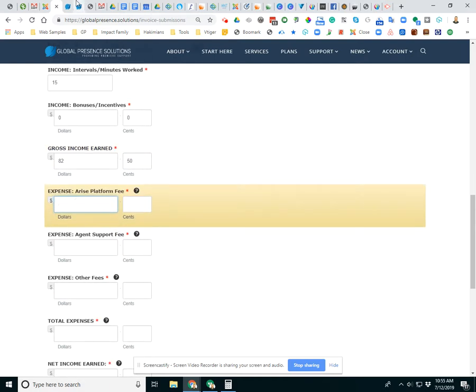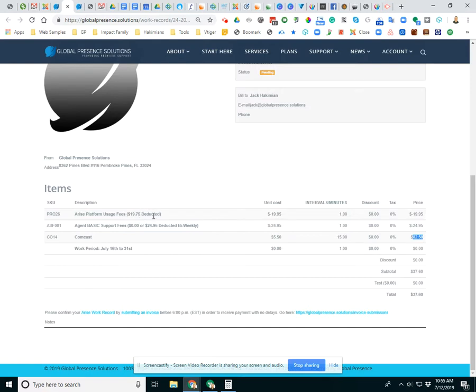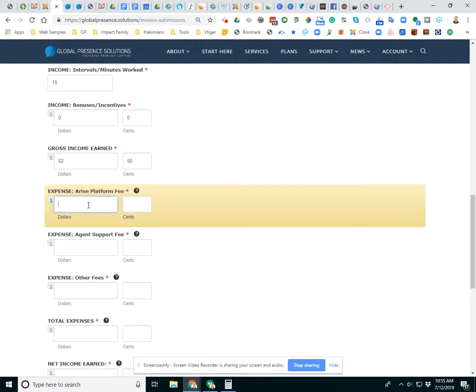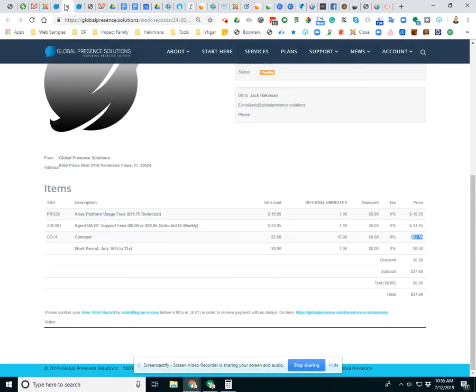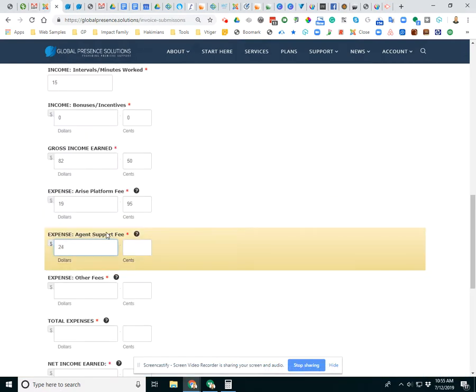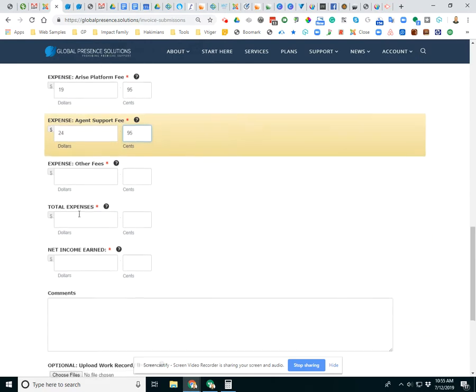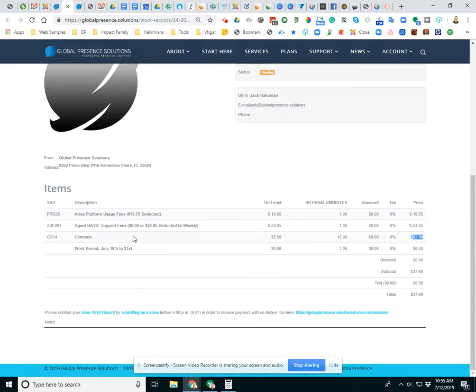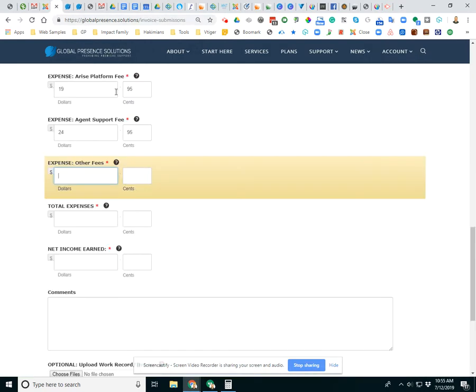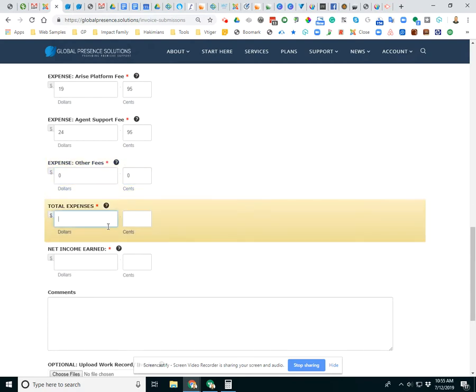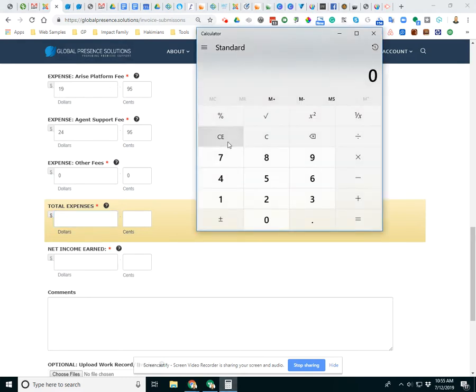Expenses: Arise platform expense. It's $19.95. Your agent support fee here, as you can see, is $24.95. Other fees, there were none, so I'll put $0. Total expenses, you want to just add these two fees.